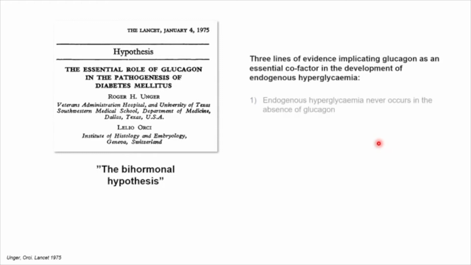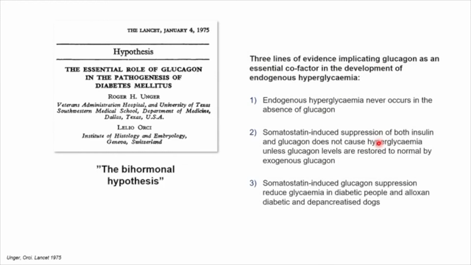And this paper relies on 3 lines of evidence. Firstly, that you cannot have endogenous hyperglycemia or diabetes in the absence of glucagon. Secondly, when you use somatostatin to suppress both insulin and glucagon, you will have normal glucose levels, and you will only have hyperglycemia if you restore glucagon levels to normal by giving exogenous glucagon.